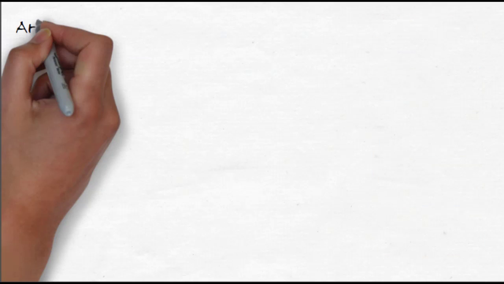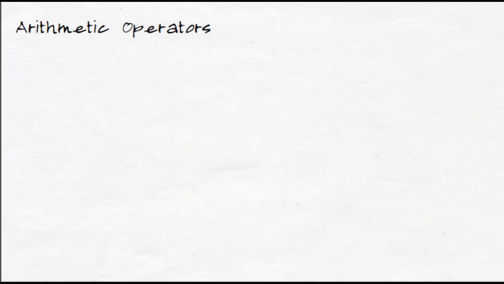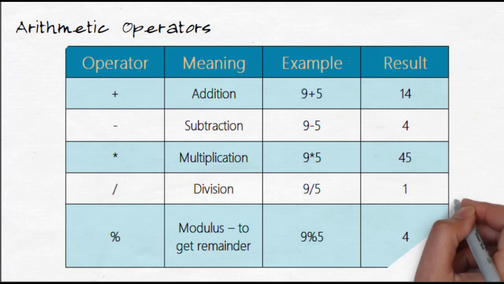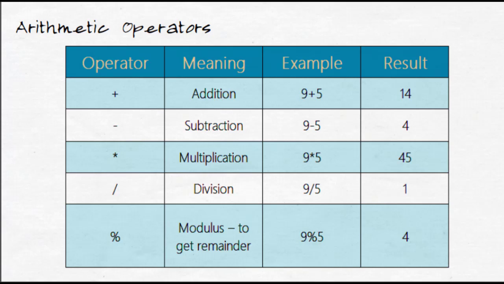Arithmetic operators are simply plus, minus, multiplication, division, and modulus operators. Forward slash is used to represent the division operator in C, and it gives the quotient, whereas percent is called the modulus operator which gives the remainder.